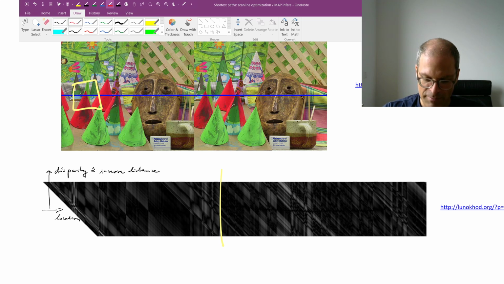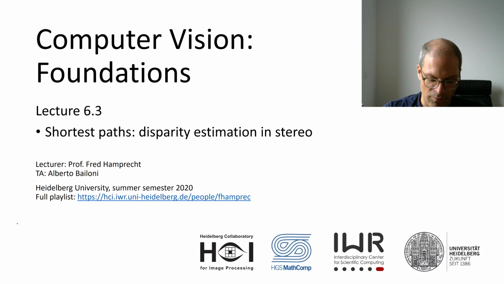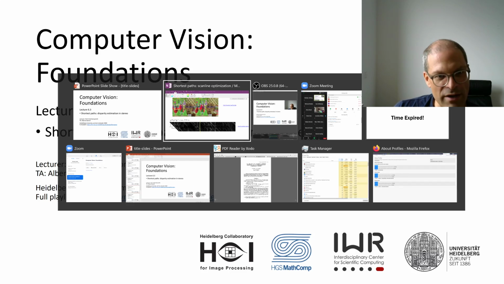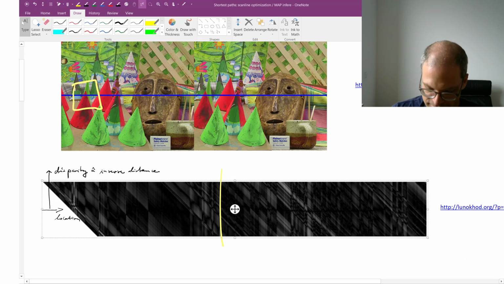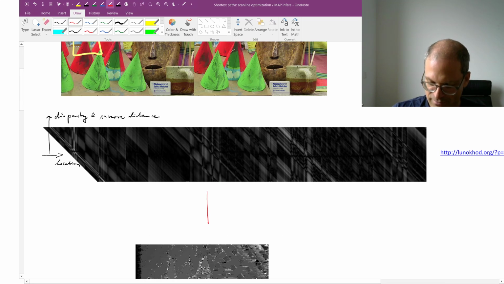Now, to penalize depth transitions, we can invent many different penalty functions. For example, the penalty function that I invent is just a parabola.